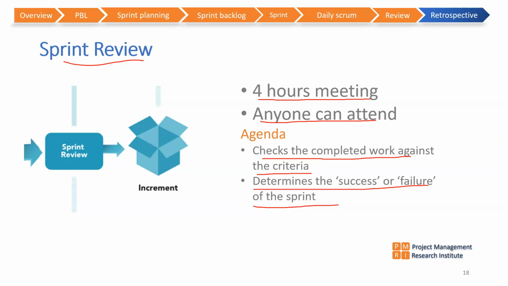During the sprint planning meeting, the team committed to a scope of work that can be completed within the sprint. So at the end of the sprint, there is a formal review by the relevant stakeholders to check whether those criteria are met, the scope of work is completed, and the acceptance criteria are met.